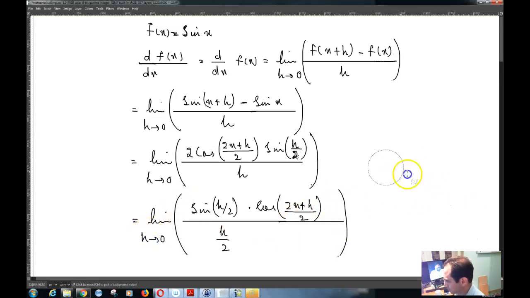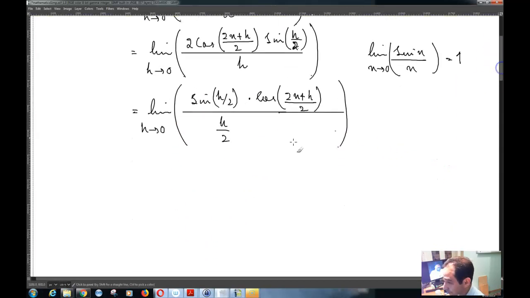Now you know that the limit of sine x by x as x tends to 0 is equal to 1. We have already had this before. So this is basically this part over here.